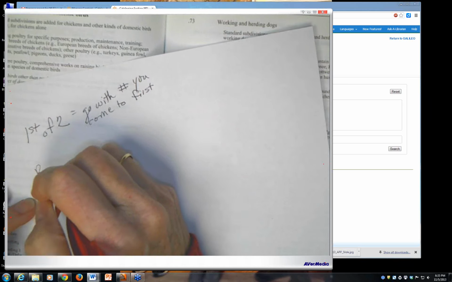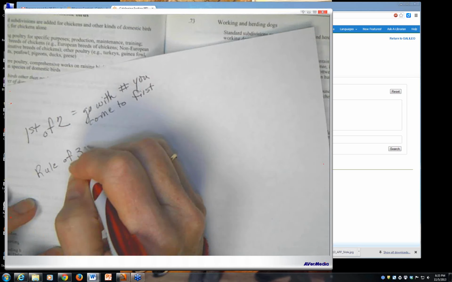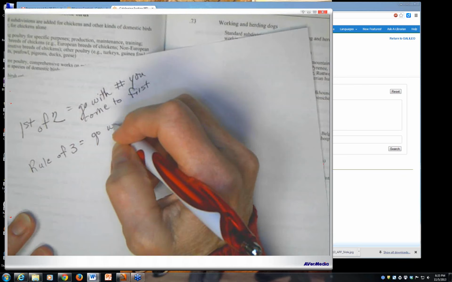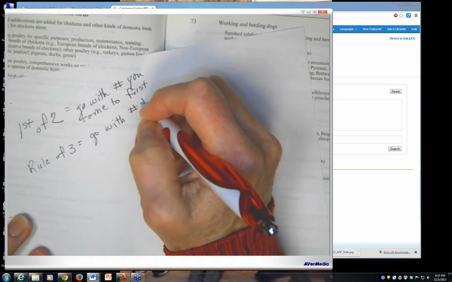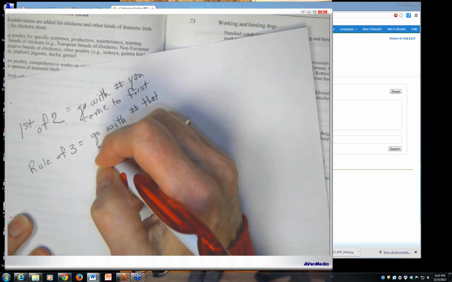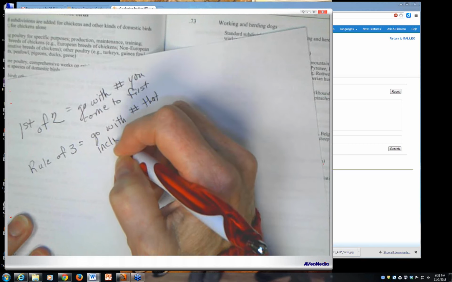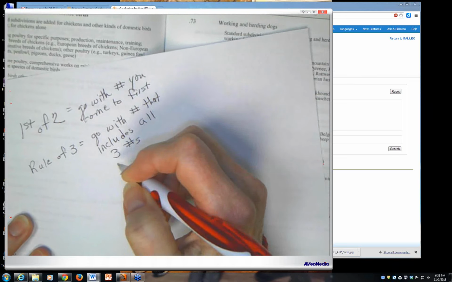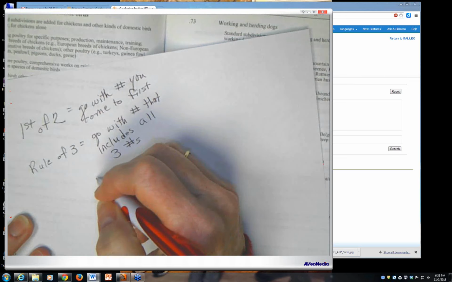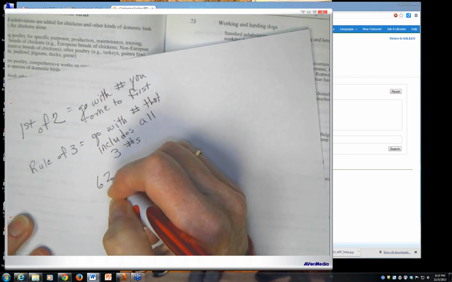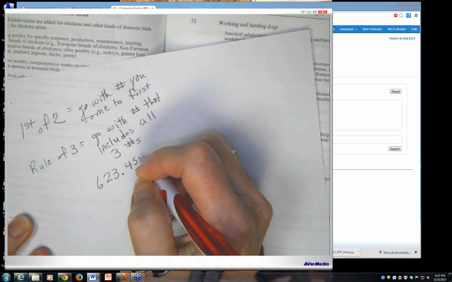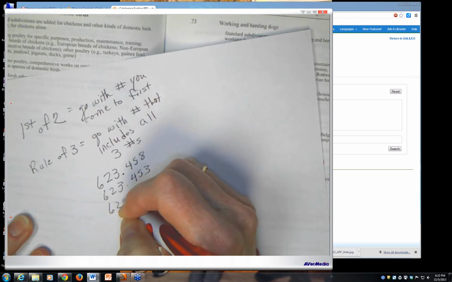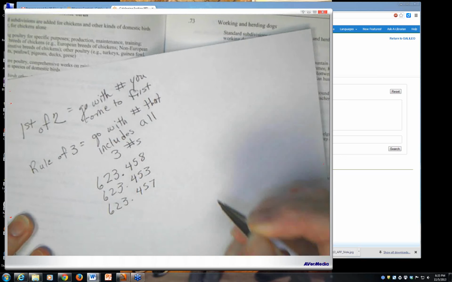Rule of three is different. Rule of three, that's where you've got 3 items and you go with the number that includes or encompasses all 3 numbers, such as 623.458, 623.453, 623.457.